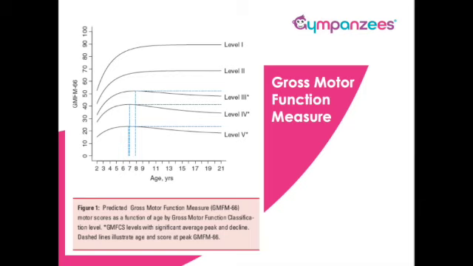So what you'll see in the slide is the typical motor curves for children at the different gross motor function classification score levels. So you can see the children at the top who are level 1, so they're children who can walk without aids and they can climb stairs without a rail.